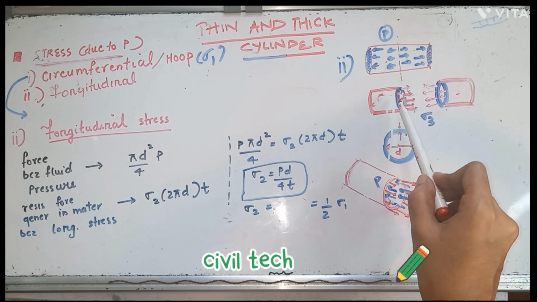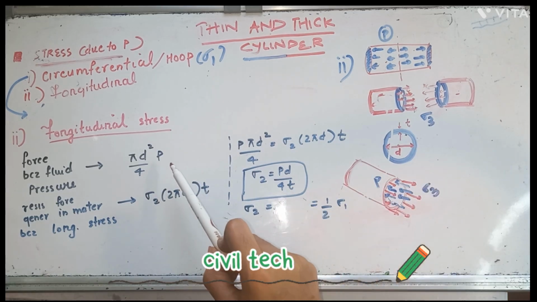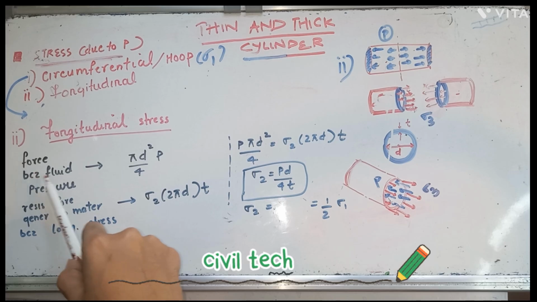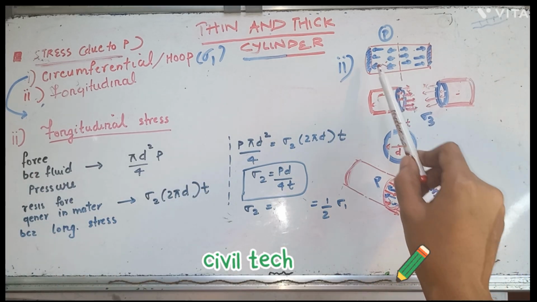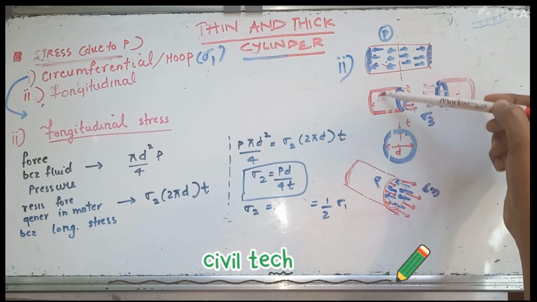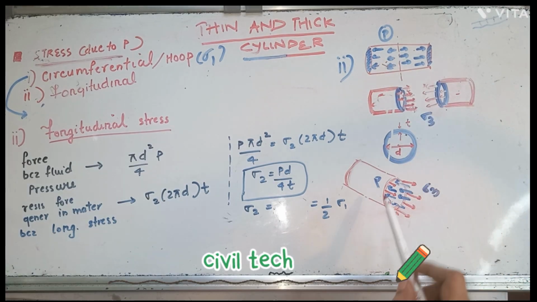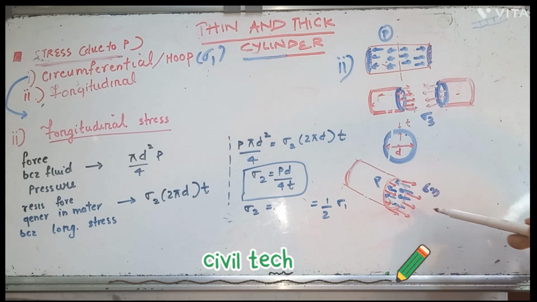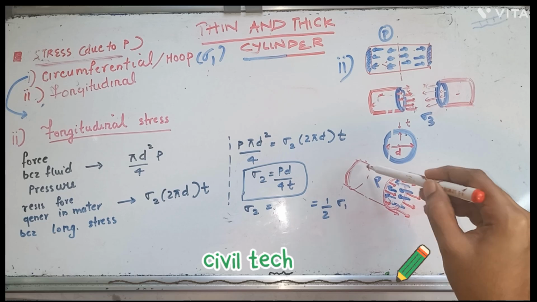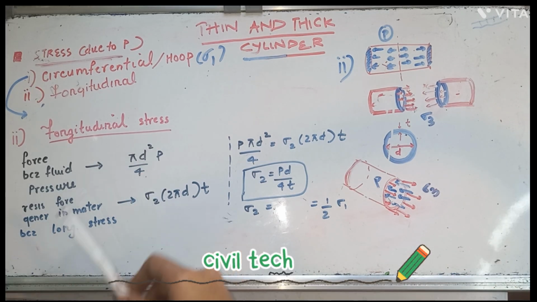To find that resistant force, first we are going to see the force because of fluid pressure P. It is acting on the circular area. When we are looking from here, we can see the circular area on which the fluid pressure is acting. So the force is P into the area of the circle, that is pi d square by 4.